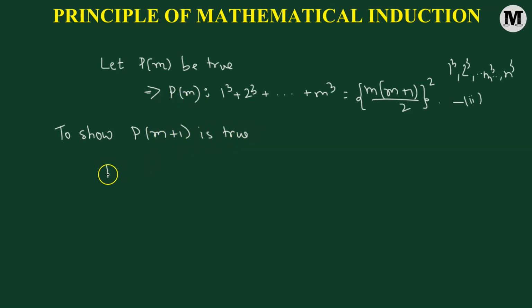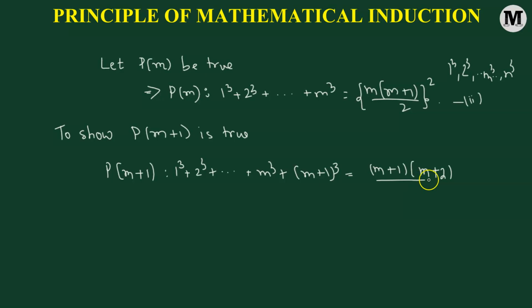We'll take P of m, and using this, we express P of m plus 1 as 1 cube plus 2 cube plus all the way up to m cube plus m plus 1 whole cube. This is equal to, now we replace m with m plus 1, so we have m plus 1 multiplied by m plus 2 whole divided by 2, and then we square this value. This is what we need to show, that this particular statement holds true.